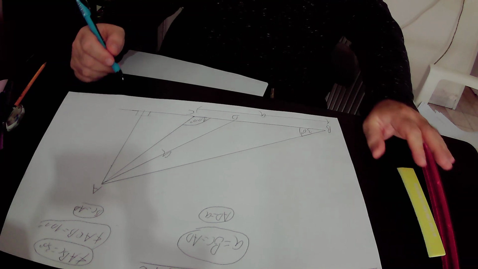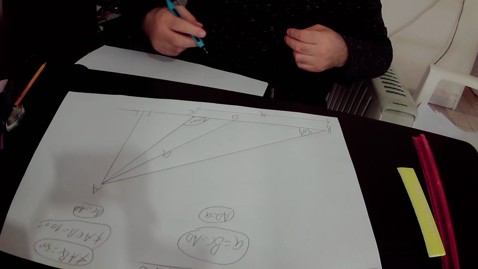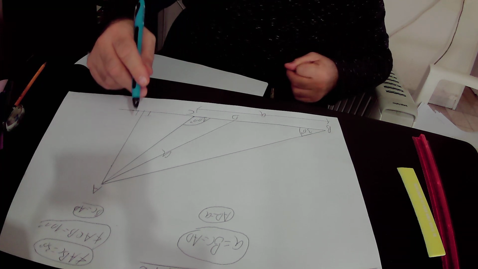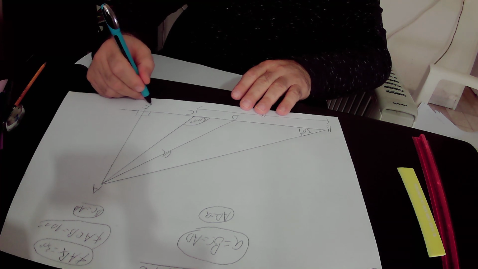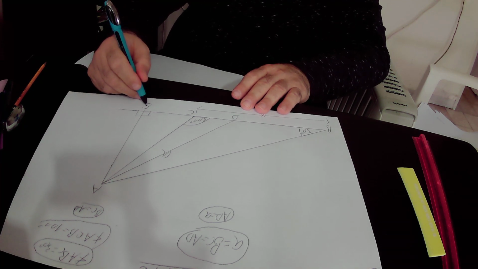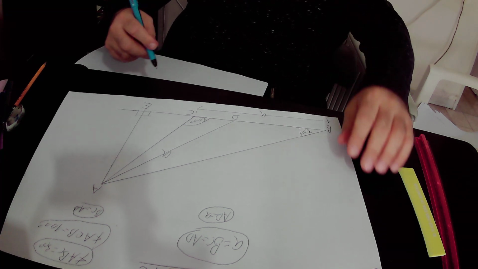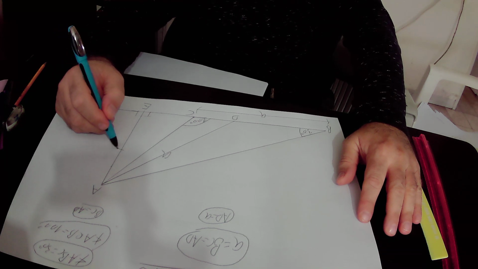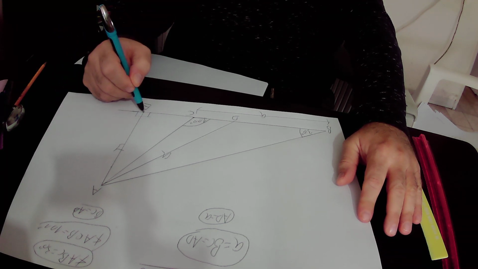We will define the intersection point between the extended BC and the perpendicular from point A as point E. We will define side AE as Y, and we will define line segment CE as X.